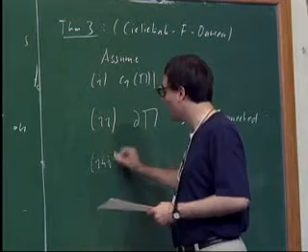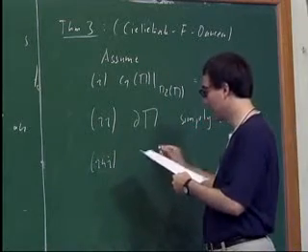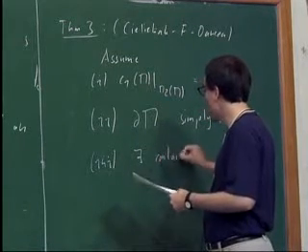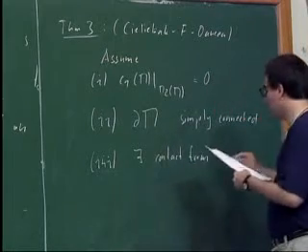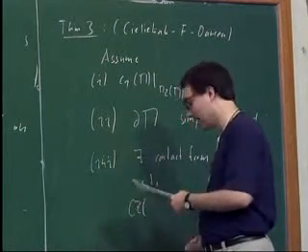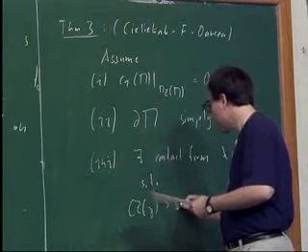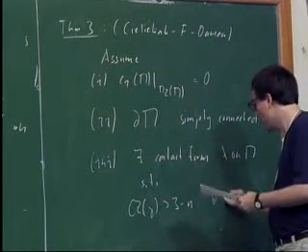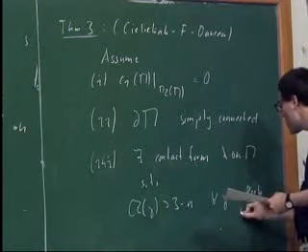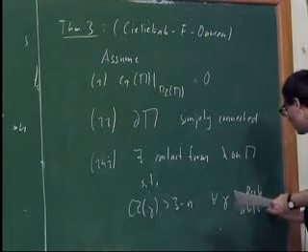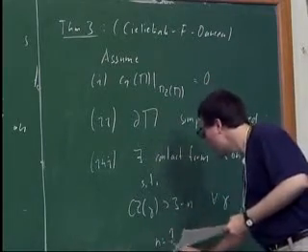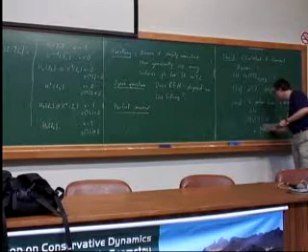And third, assume that there exists a contact form lambda on the boundary of M such that the Conley-Zehnder index of gamma is bigger than 3 minus n for all contractible Reeb orbits on the boundary of M, where n is half the dimension of the symplectic manifold.